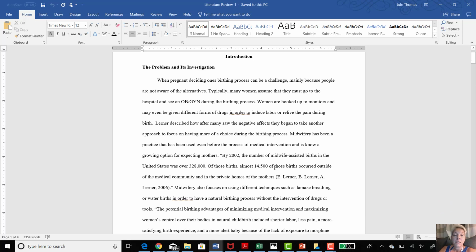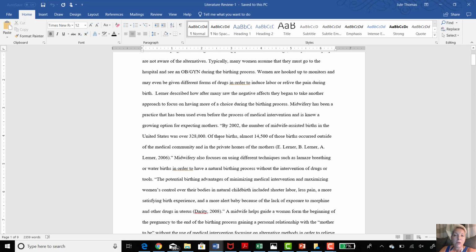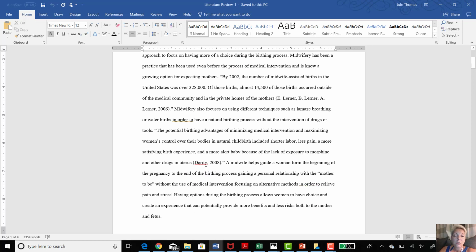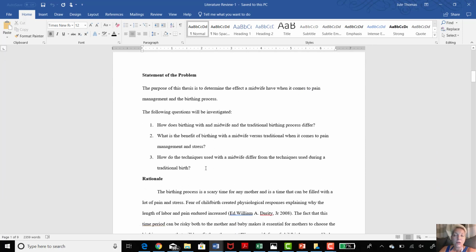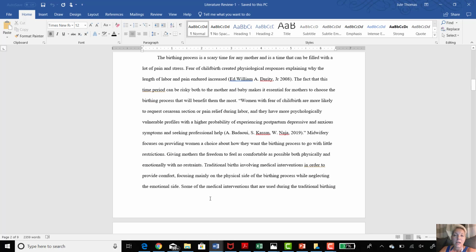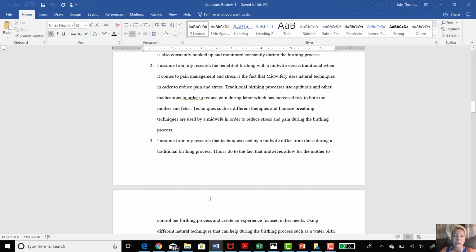And so you'll see that the student does a very good job of including a fair amount of citations and so forth in order to establish the student's research question, as well as very specific research questions that will be asked, and then the assumptions and limitations.